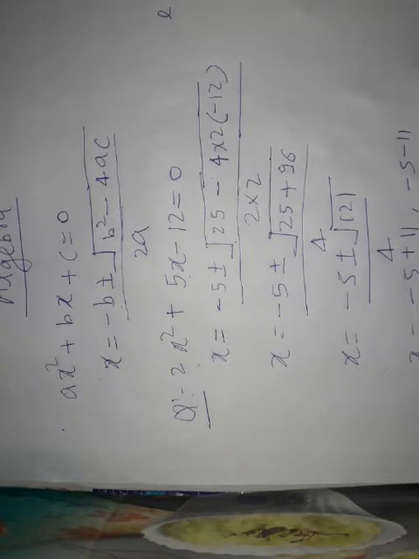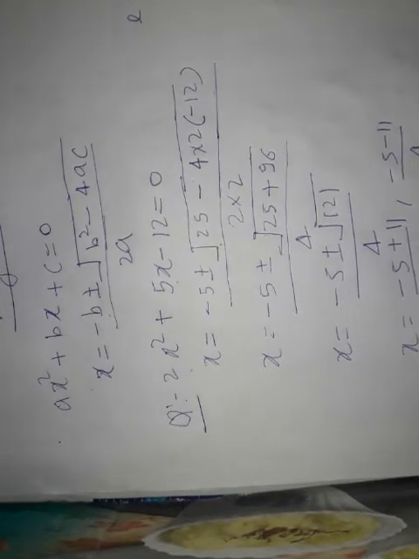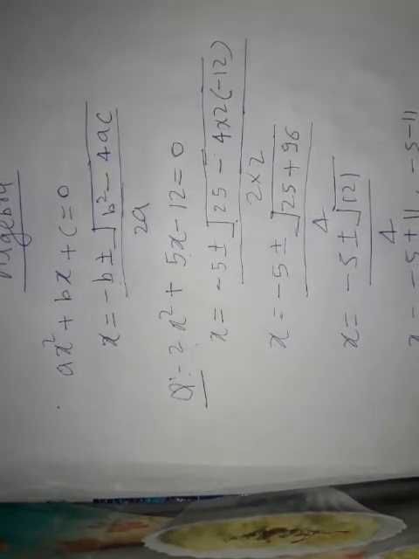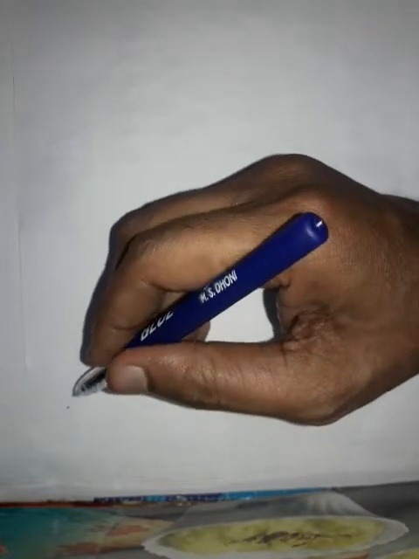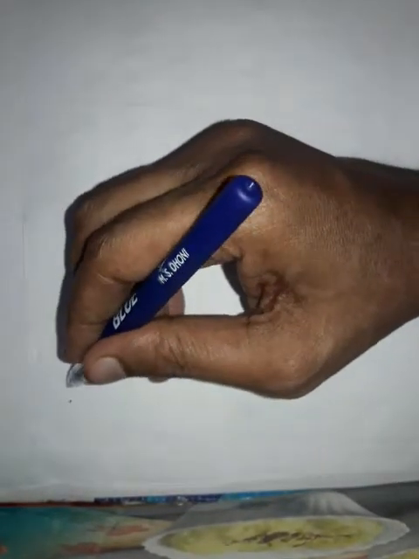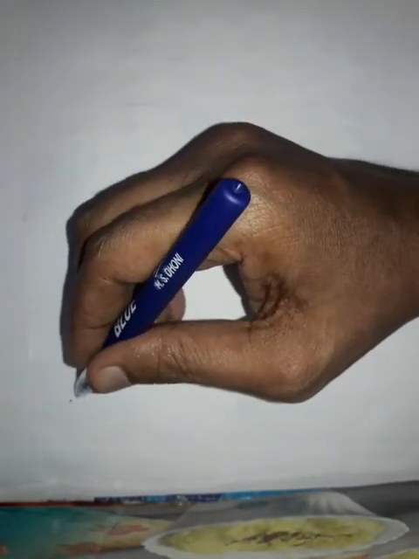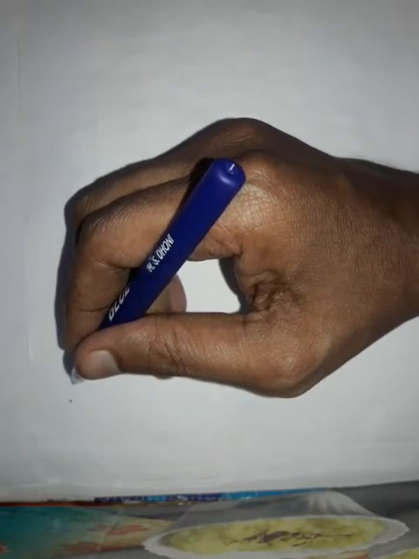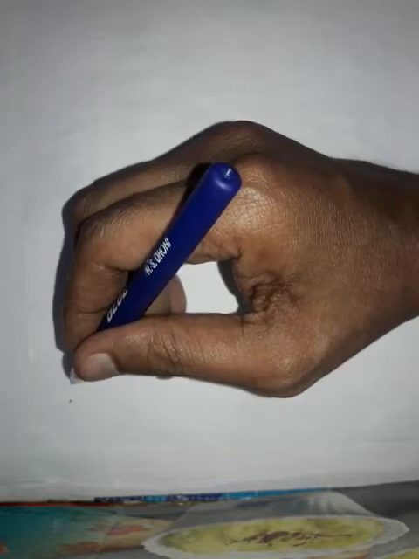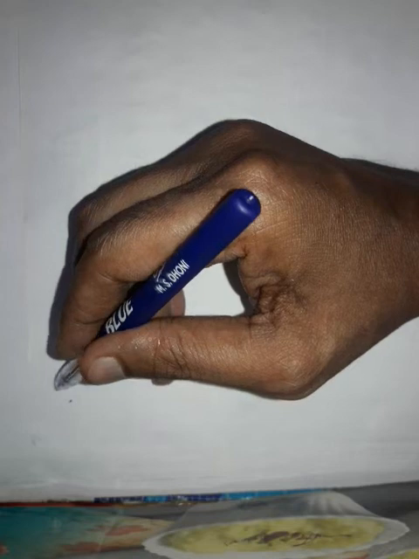And now in algebra we will study about binomial theorem. Binomial theorem, its name binomial tells us there are two terms having a power greater than 0 up to infinity.